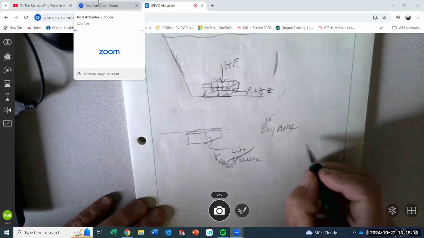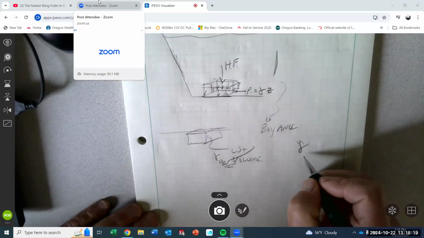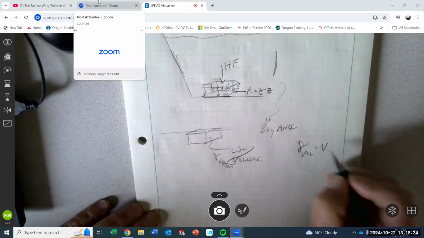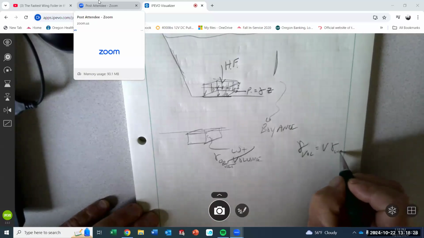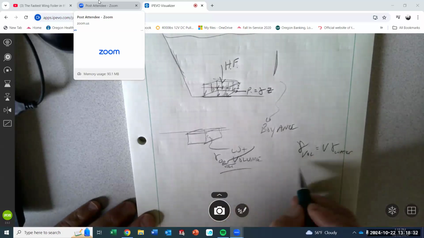Then we would calculate the weight of the volume of water displaced, right? So that's going to be a volume times the specific weight of water. And then we can compare these two.